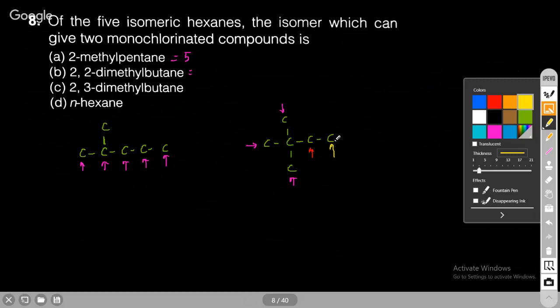So this gives you 3 chlorinated products, 1, 2, and 3. These positions are equivalent, so you'll get the same product here. C is 2 already, right?